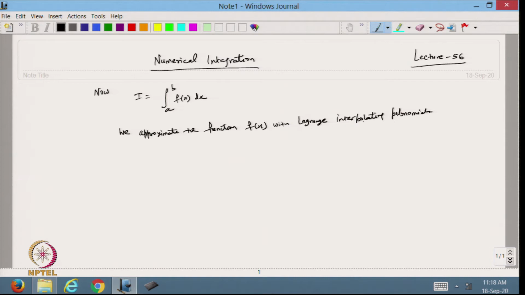I know that this Lagrange interpolating polynomial can be linear, quadratic, or cubic. Based on this, we will get different types of methods. So, I just take method 1.